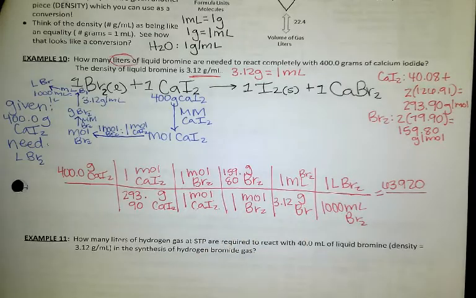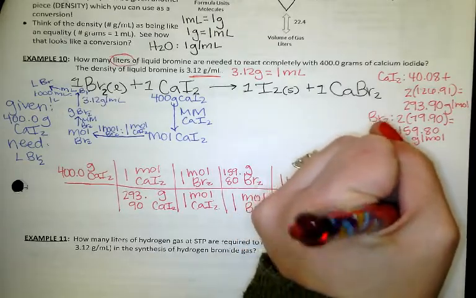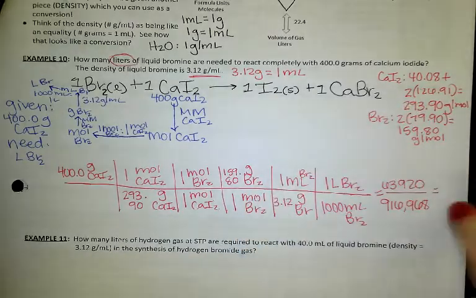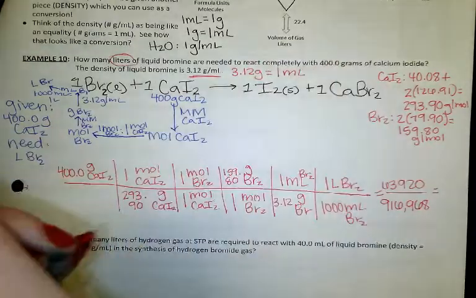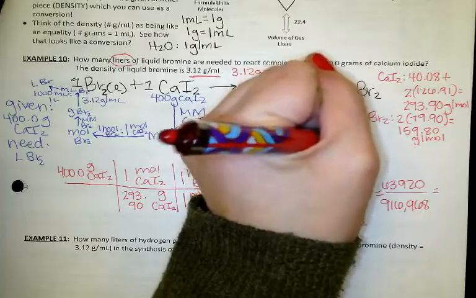So that's 916,968. So then you're going to divide 63,920 divided by 916,968. That's going to give me 0.06971. 4 sig figs. That is liters of bromine.